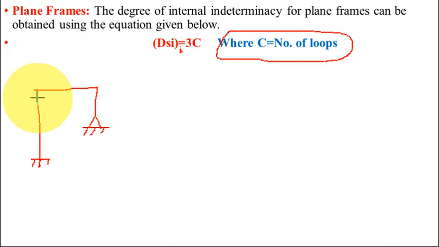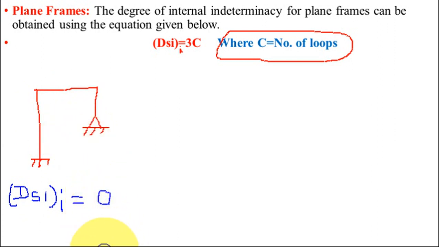There is no loop for the frame, and hence for this frame the degree of static indeterminacy, that is internal, because we are talking about internal forces, is equal to 0 because there are no loops in the configuration of the frame.